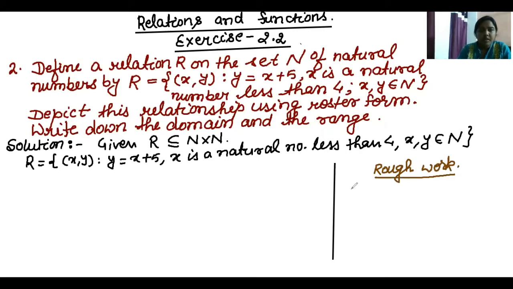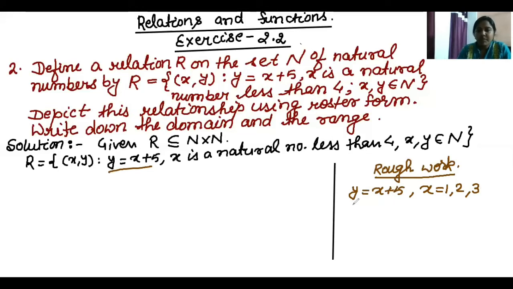Okay. Now here condition is given, y equals x plus 5, and one more rule is given here: x is a natural number less than 4. Means we can take x equals 1, x equals 2, and 3. Natural numbers start with 1, then 1, 2, 3, will not include 4 here.